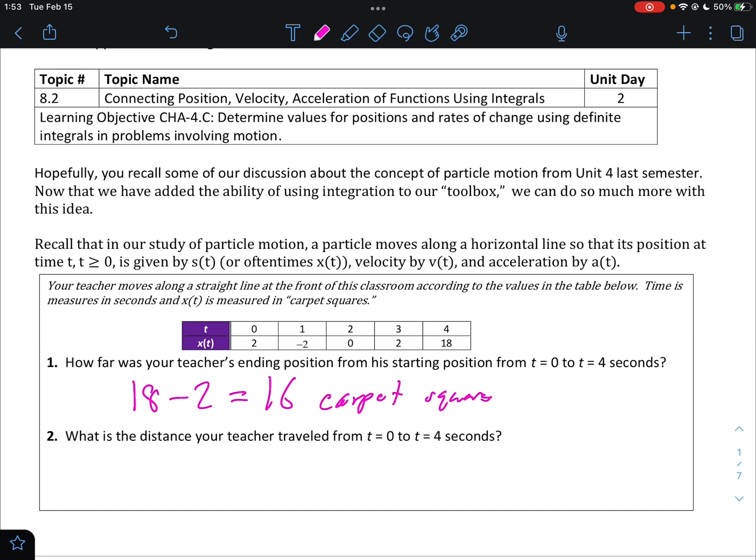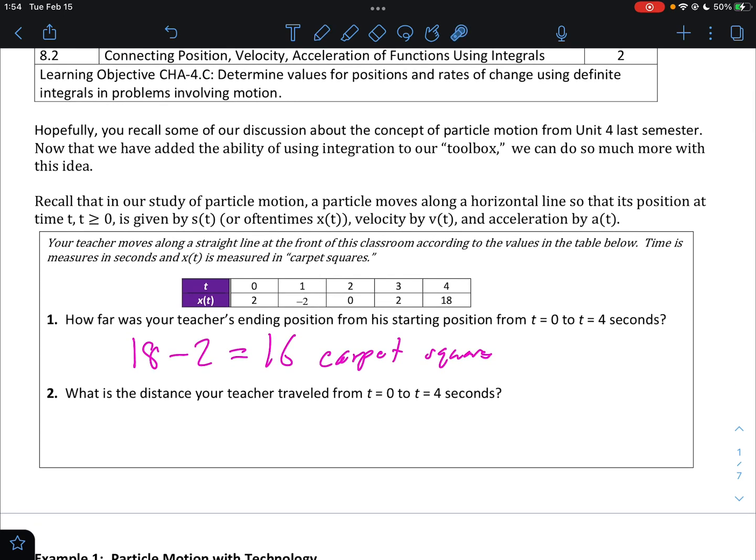What is the distance your teacher traveled from 0 to 4? This is talking about total distance traveled. This is not displacement. So this one we got to break down individually every time we change directions. So the first, from 0 to 1, we moved 4 squares to the left. And then 2 squares right, 2 squares right, and 16 squares right.